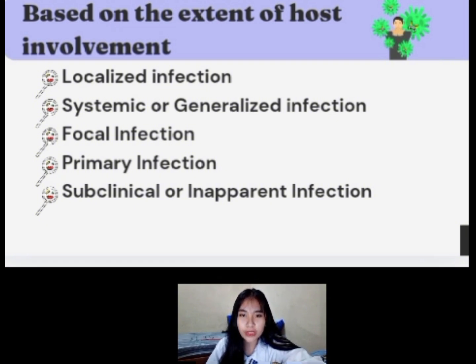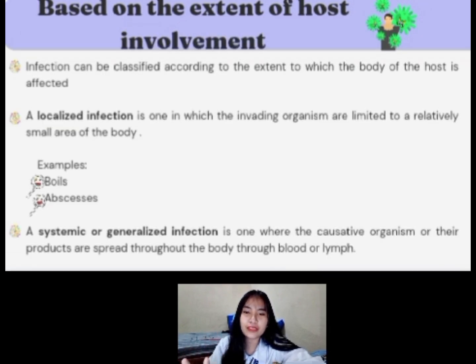This classification is important for understanding how infections spread and their potential impact on health. So we have five infections: localized infections, systematic infections, focal infections, primary infections, and subclinical infections.